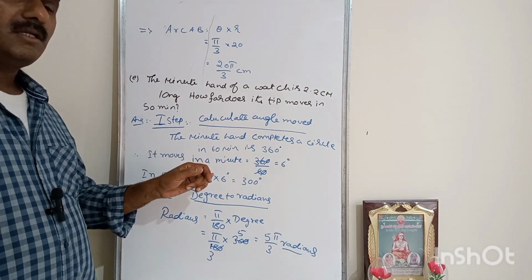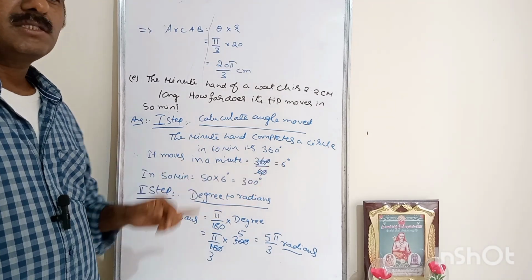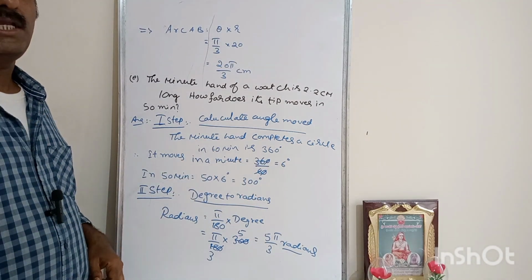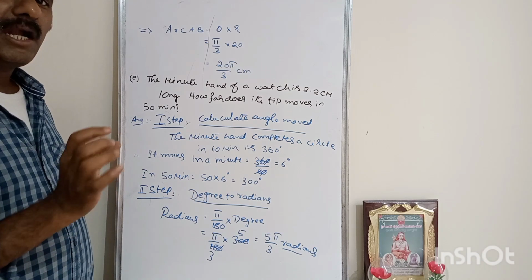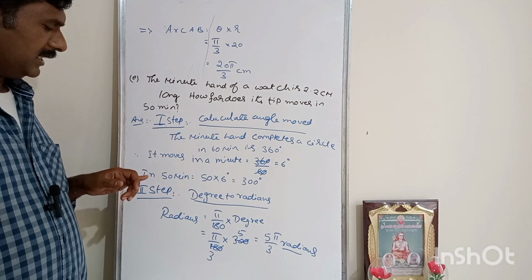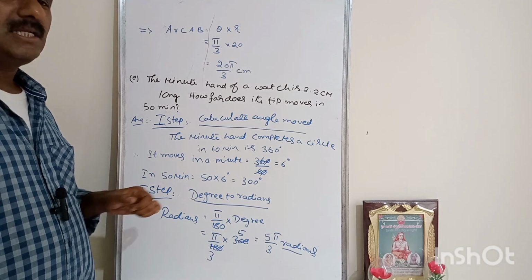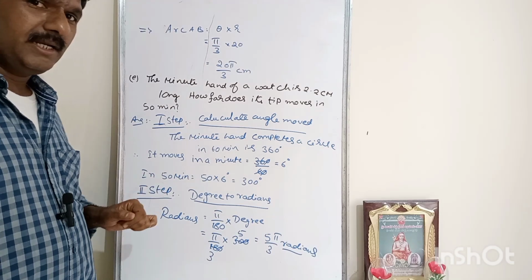Therefore, in a minute, it is 360 by 60, that is 6 degrees. Therefore, in 50 minutes, that is 50 into 6 degrees, that is 300 degrees.